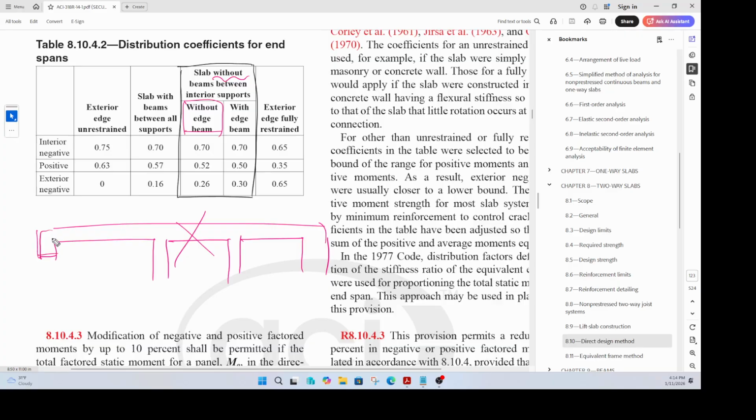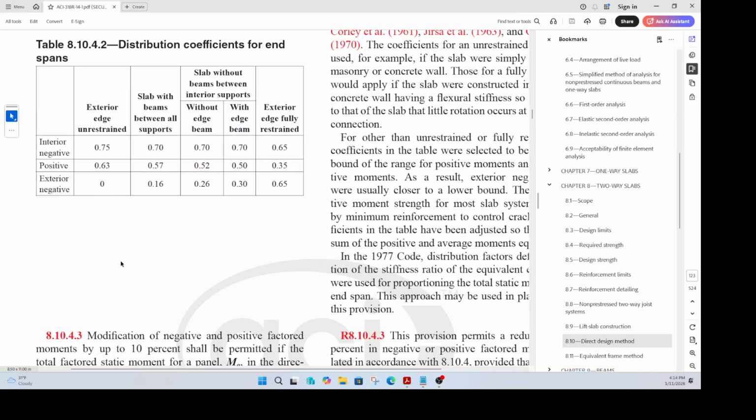Sorry, you don't have an edge beam. If you don't have an edge beam, then your interior negative, positive, and exterior negative. If you have an edge beam, then your interior negative will be here 0.7 times of M naught, positive will be there 0.5 times of M naught, and exterior negative, sorry, exterior negative is this side here.